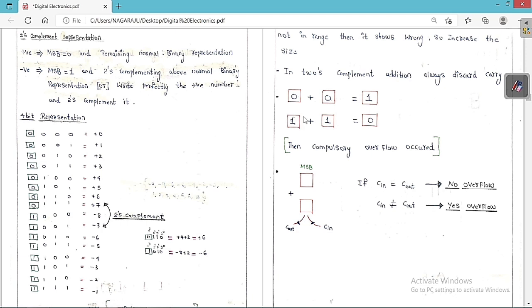If you add two positive numbers, you need to get a positive number, but if you got a negative number, it means an overflow or some error has occurred.